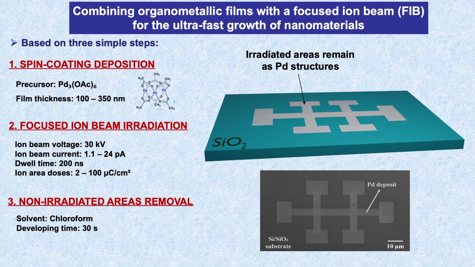So in a very fast way, because the charge dose that you need is very low, as you will see in the next slide, we can produce metallic structures based on palladium in a very simple way, and without the need of any post-processing. So here we have more details of the process. We create these structures that are suitable to measure electrical properties.